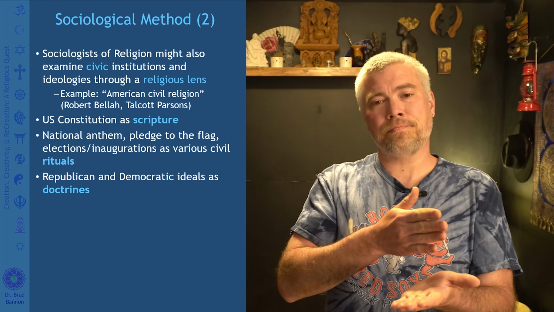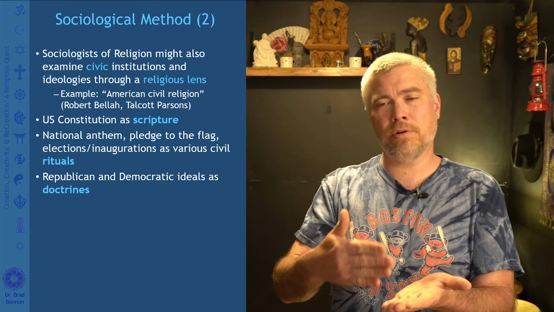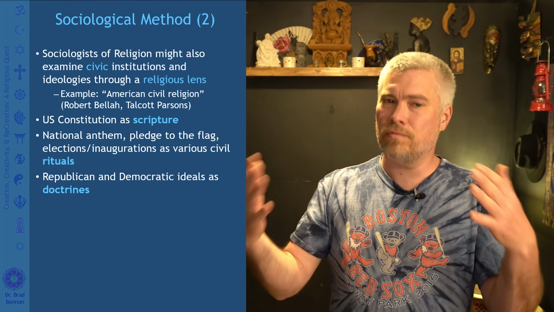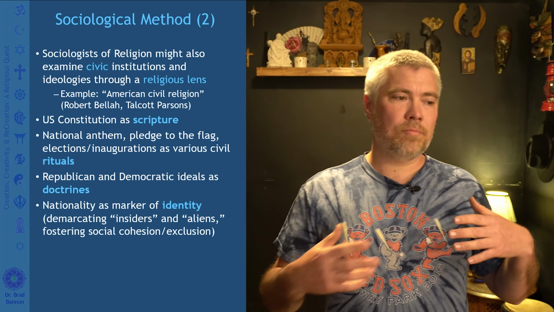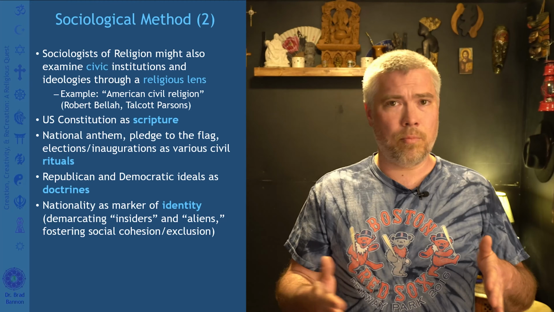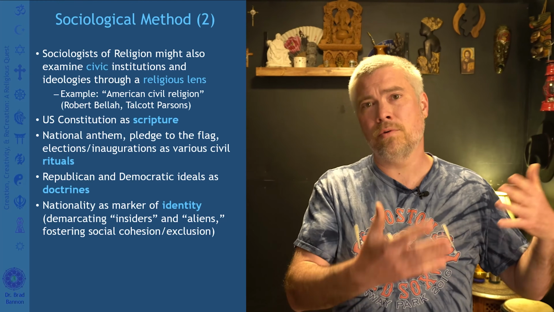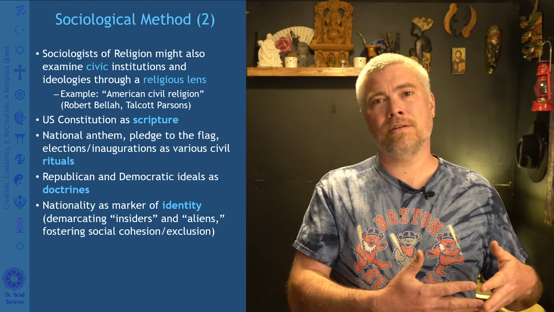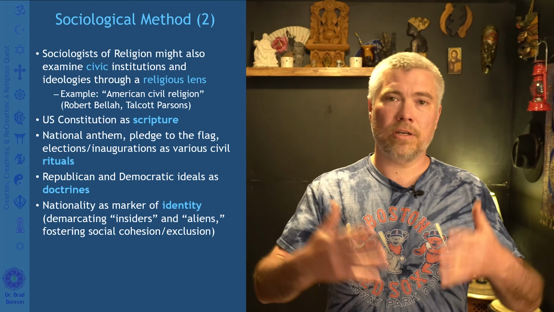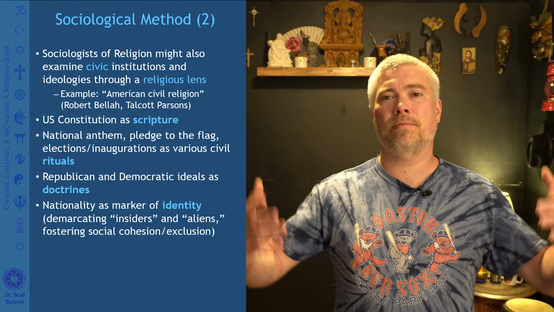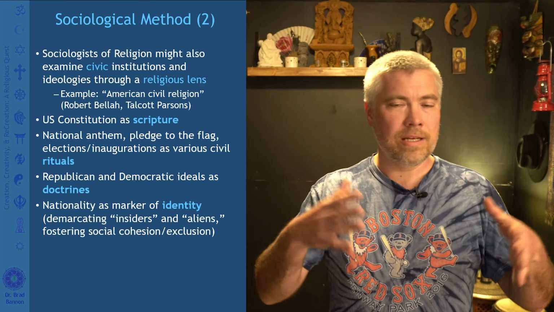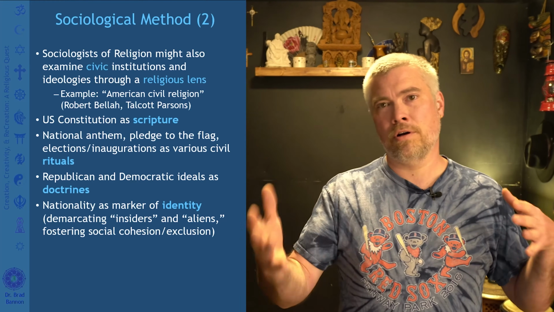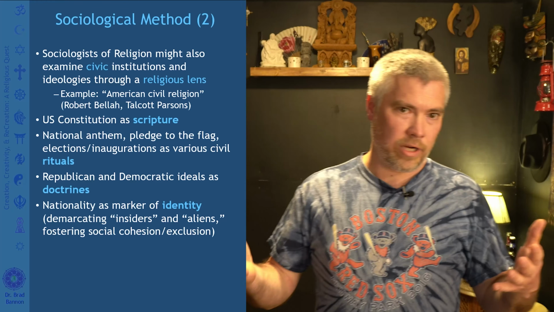So Republican and Democratic ideals are sort of doctrines. Also, we can look at identity in terms of belonging to particular political parties, or being citizens of the United States, as particular identity markers. They want people to understand their identity as belonging to these nationalistic groups or different political orientations.